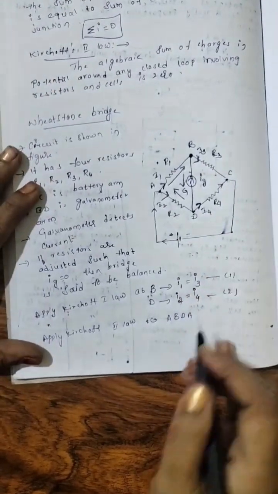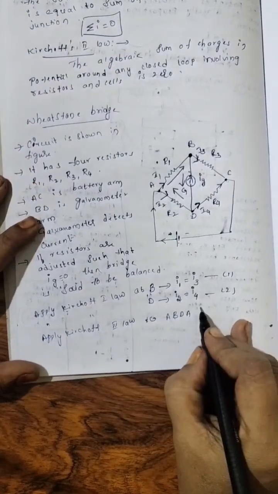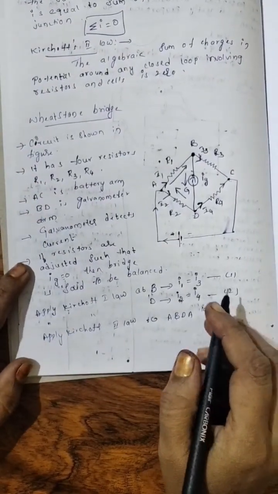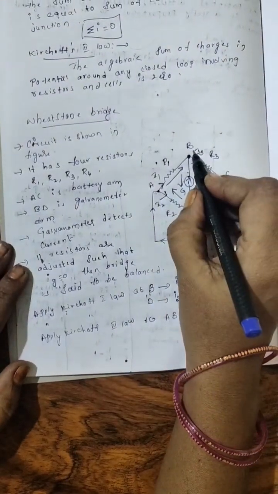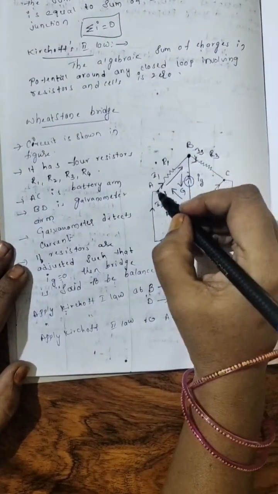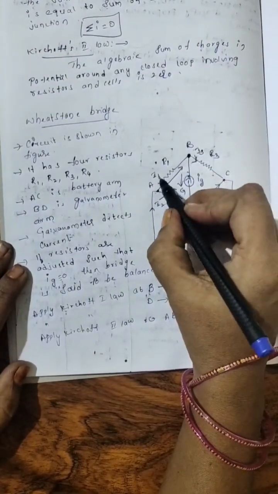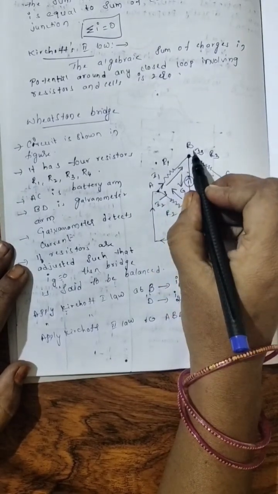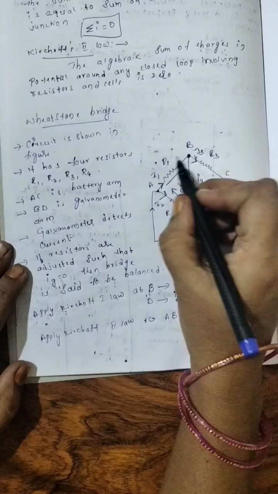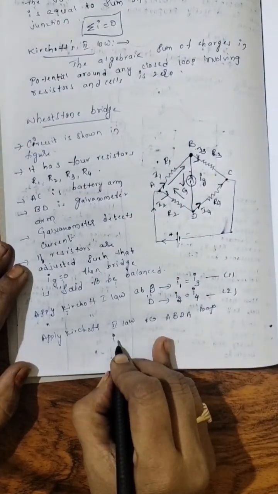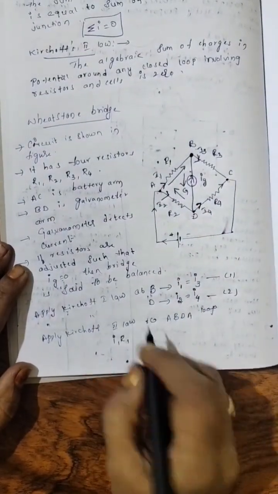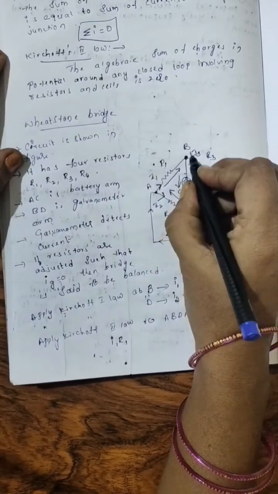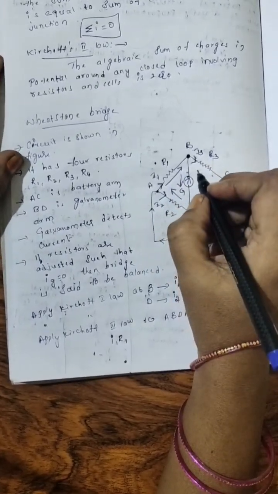So now, when we apply this to this particular loop, what will we write? First AB. Along AB, there is a potential drop I1 R1. Now see, the path direction and current I1 direction are both the same.